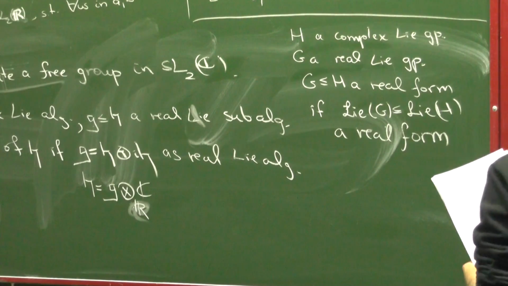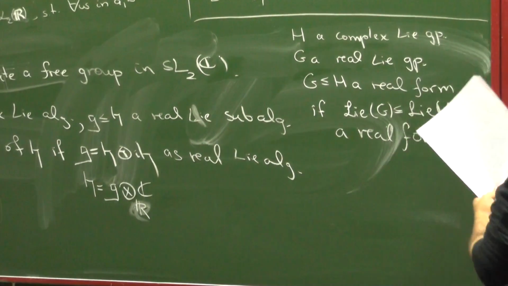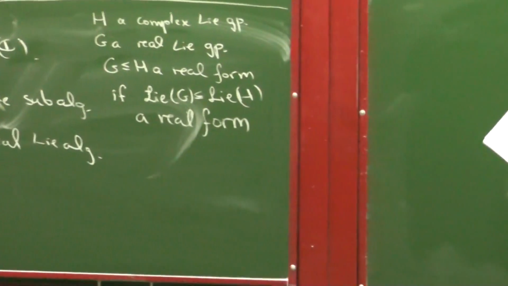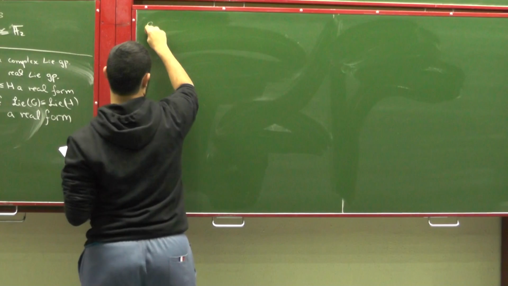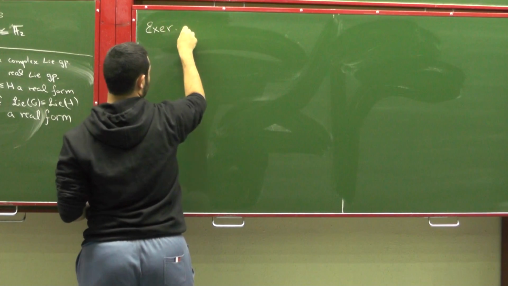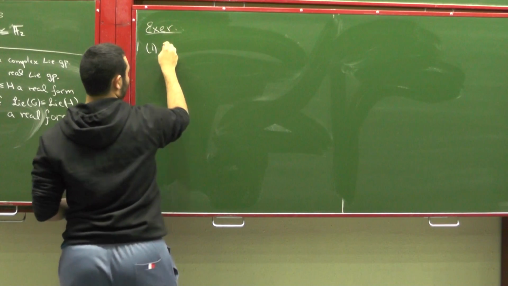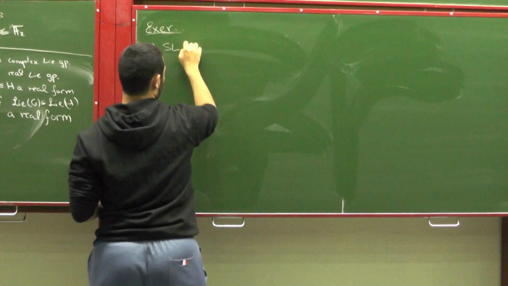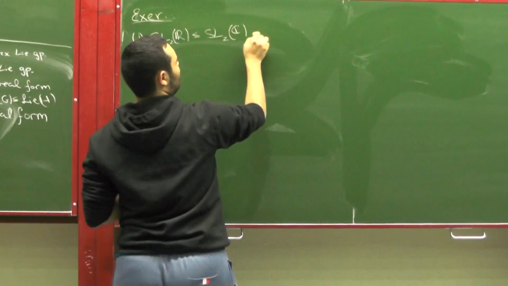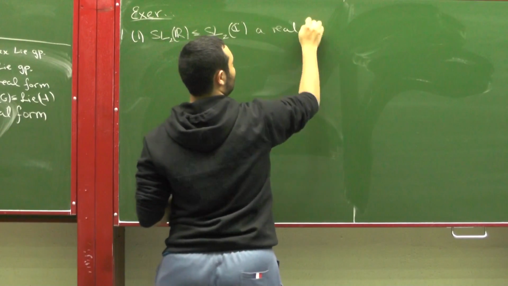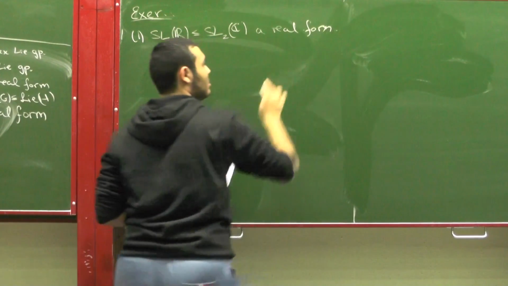So now here is an exercise which I can solve. That SL2R inside SL2C is a real form. This is trivial.